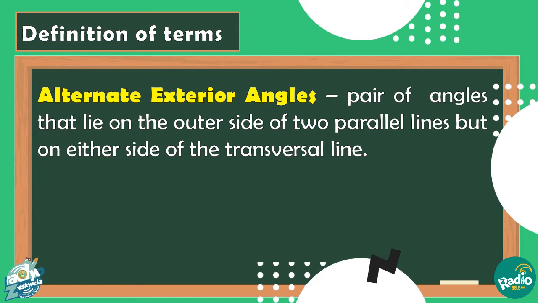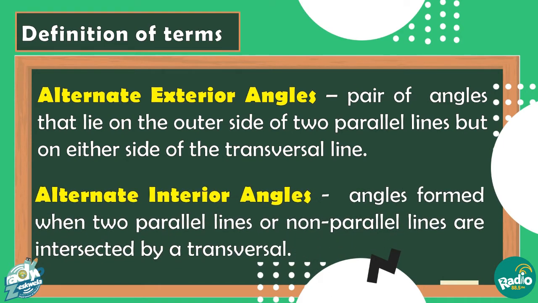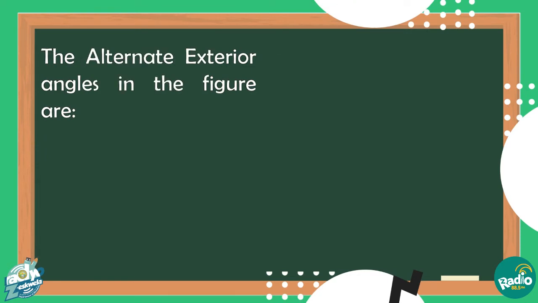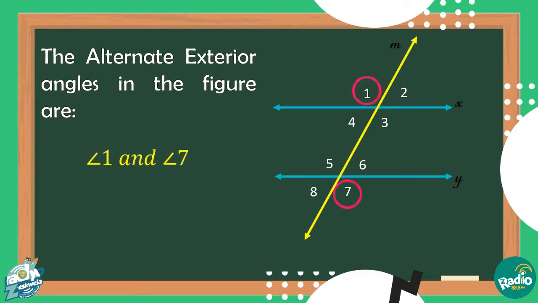Next concept, alternate exterior angles. These are the pair of angles that lie on the outer side of two parallel lines, but on either side of the transversal line. While the alternate interior angles are angles formed when two parallel lines or non-parallel lines are intersected by a transversal. To illustrate, the alternate exterior angles in the figure are angle 1 and angle 7.